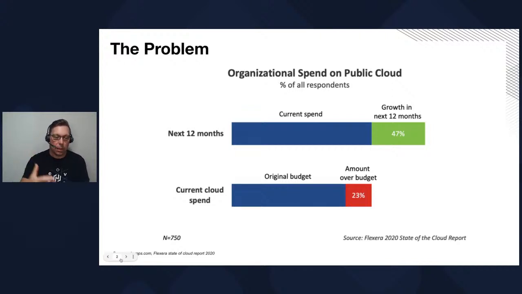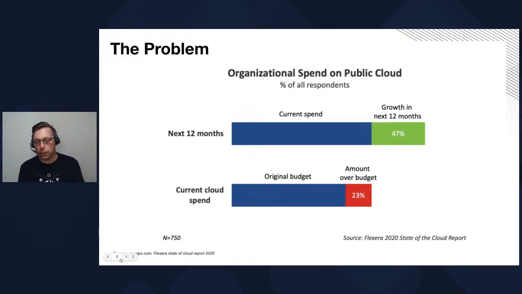But as we know, there are some big numbers that go along with those things. For example, at the moment, in the latest cloud survey, about 30% of organizations reckon that they are over provisioning resources, which amounts to about a $17 billion wastage.